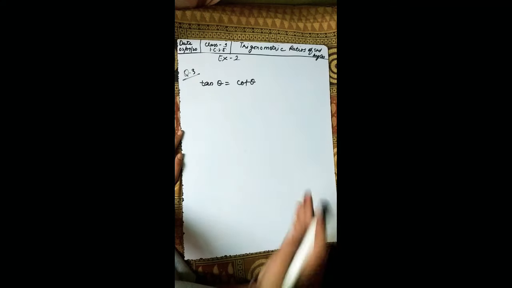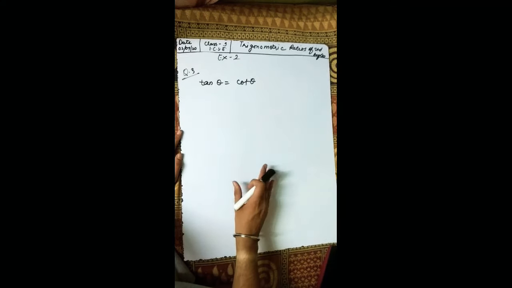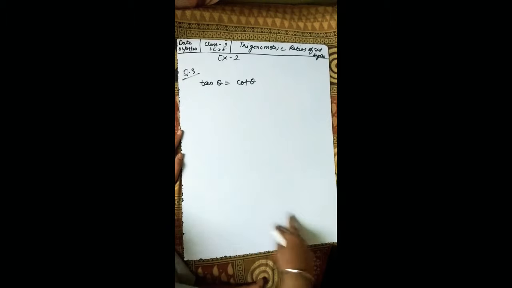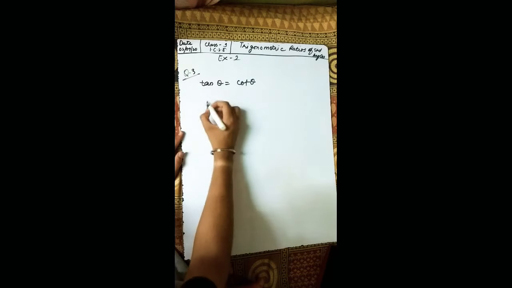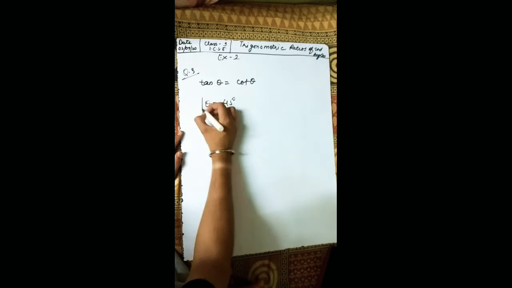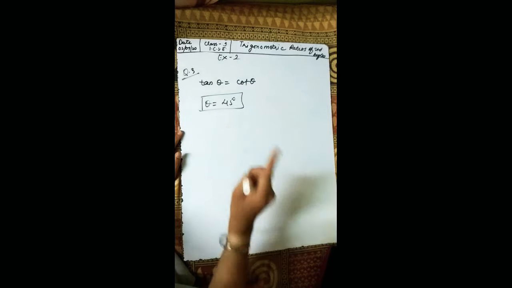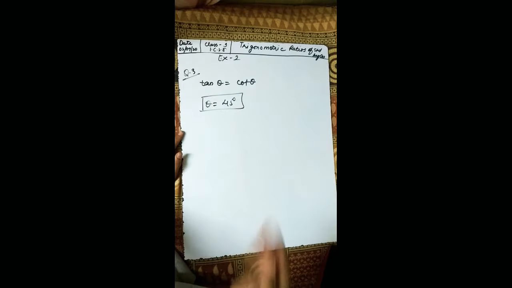If you take your chart in front of you and compare the tan value and cot value, you will find that at theta equal to 45 degree both answers are the same, because tan 45 degree is equal to 1 and cot 45 degree is also equal to 1. So you just need to answer that.